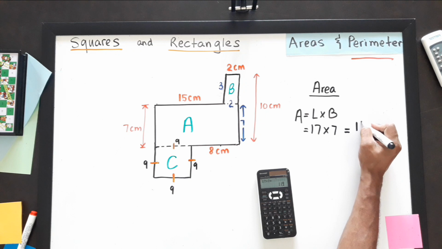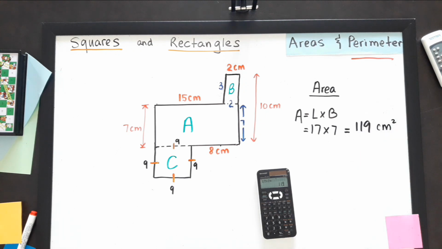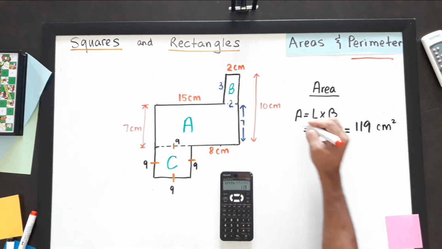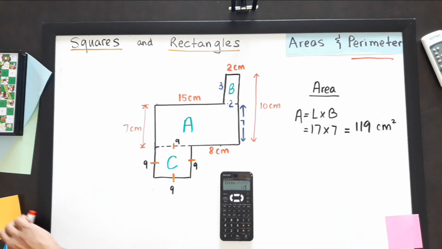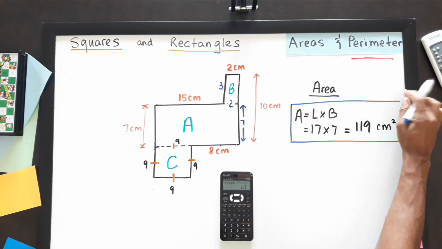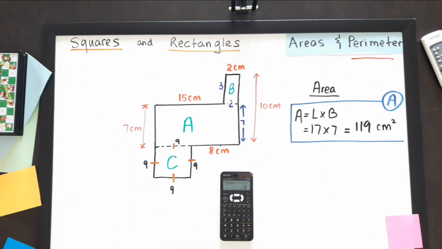And we will get 119 centimeters squared. Let's work out the area of B. I'm trying to not mix up the working. So this was for shape A.